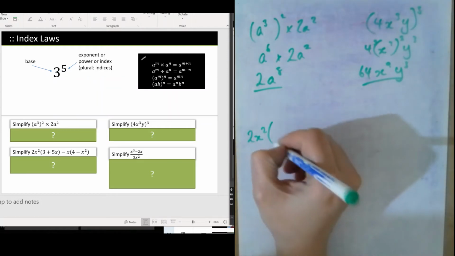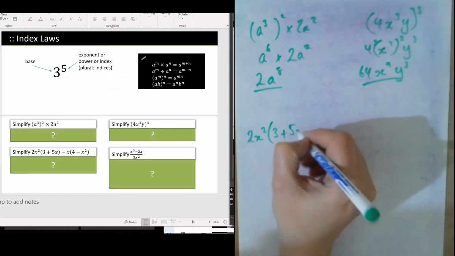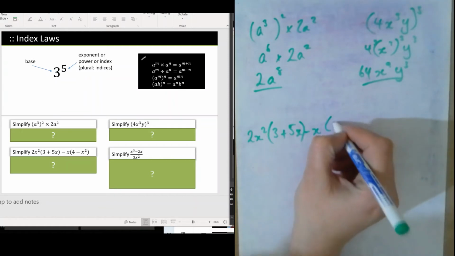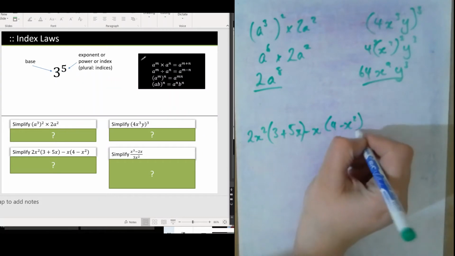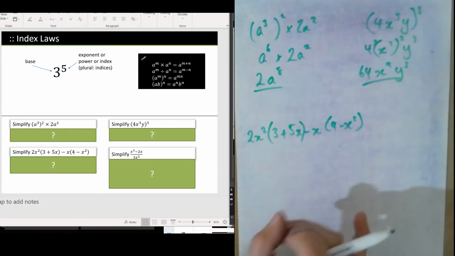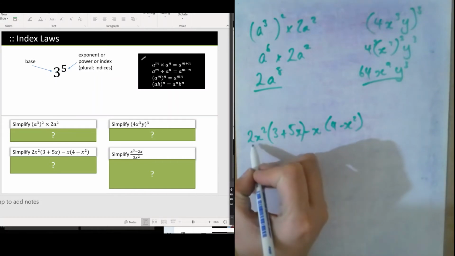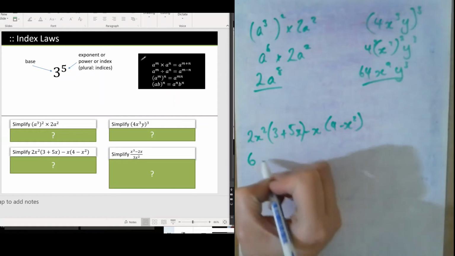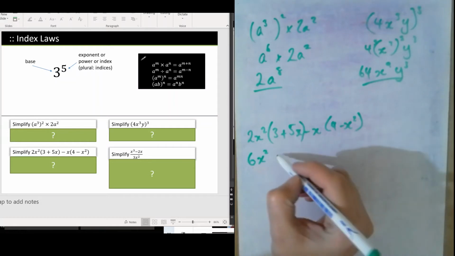2x squared, open bracket, 2x to the power of 5, take away x, 4, take away x squared. Okay, so first of all, I just want to expand the brackets, then I can start collecting the terms. So this one, ordinary numbers, 2 times 3 is 6, and then we've got the x squared.